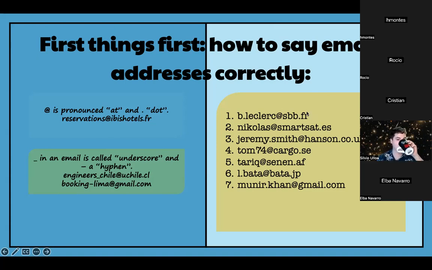Good, and you know, of course, that the last letters of emails show the domain, right? For example, this is France, Spain, United Kingdom, Sweden, Japan, etc. And the last one, Rocio, please, last email. Can you please tell us this email? Sure.